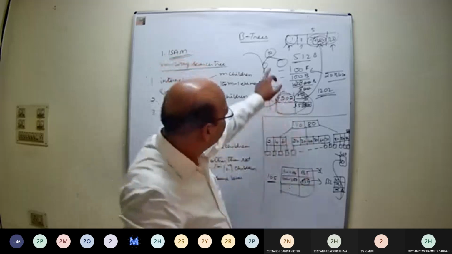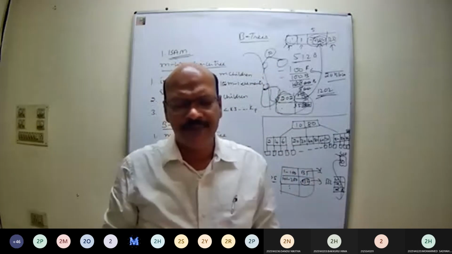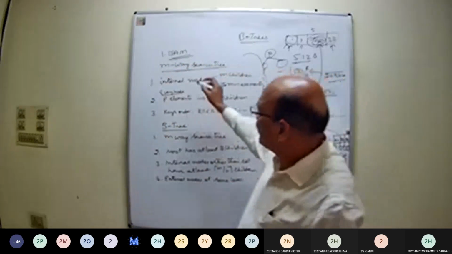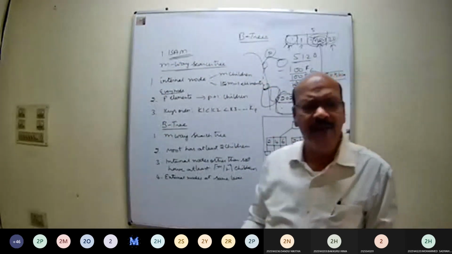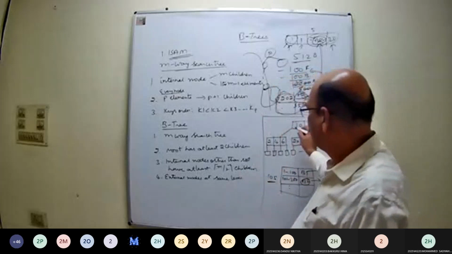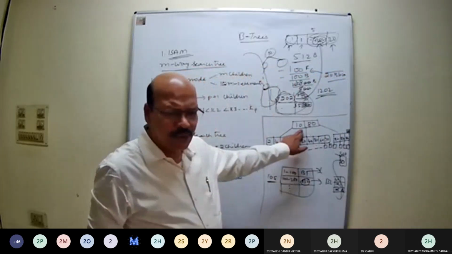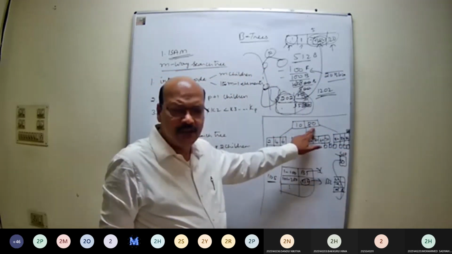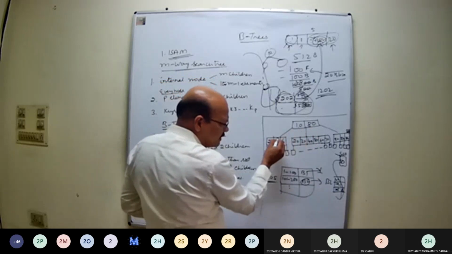So as the height or depth of the binary tree is more, you require more and more accesses. That is why, instead of having only one value in the node, in a multi-way search tree we try to have multiple values in each node. So if you transfer this node from secondary memory to primary memory, simultaneously you get 2 values. If you are searching for a value less than 10, you take this direction.